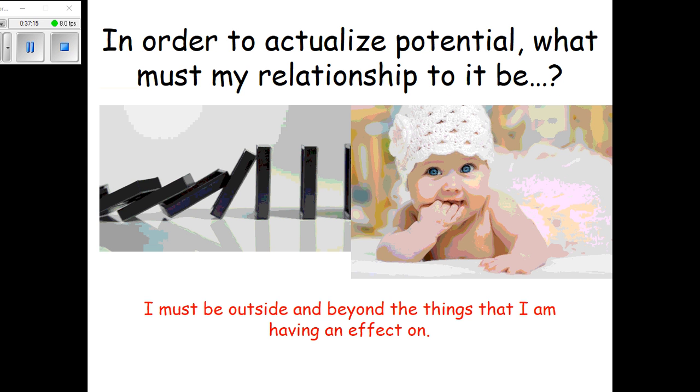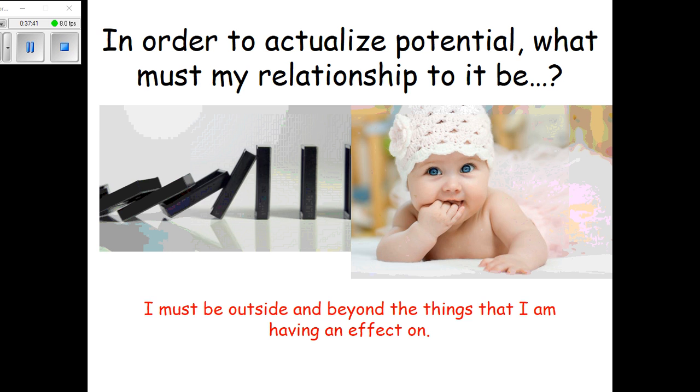Okay, so in order to actualize potential, all that means is in order to move something from sperm and egg to baby, or in order to get some dominoes falling, you have to be outside of the thing that you're having an effect on. That means you can't be a baby that causes the baby.